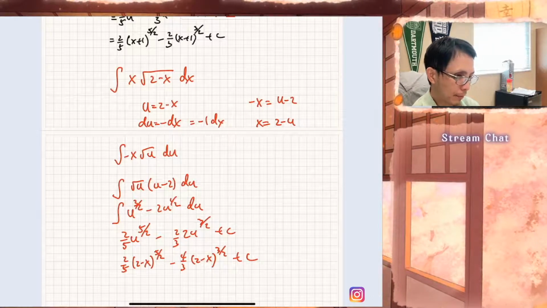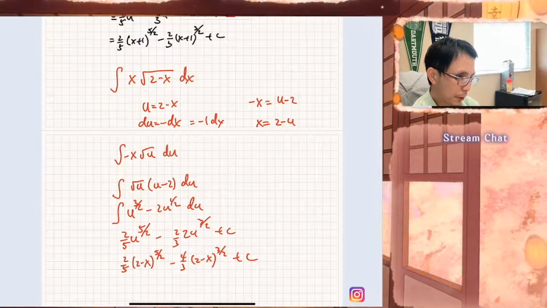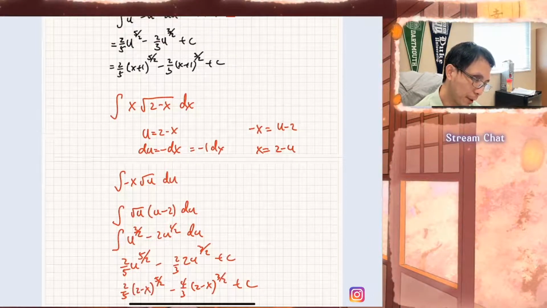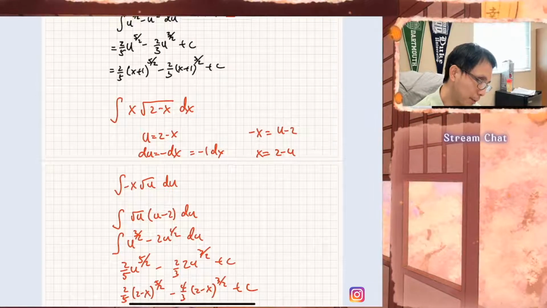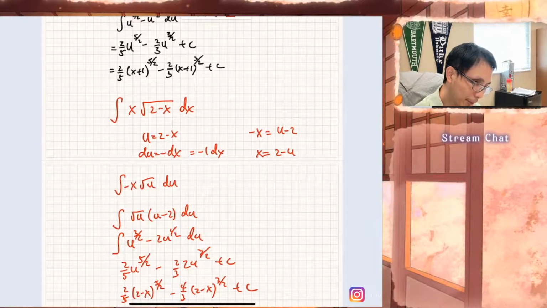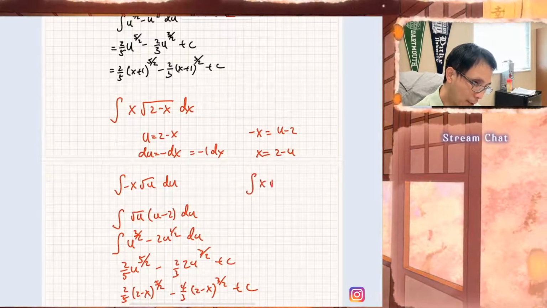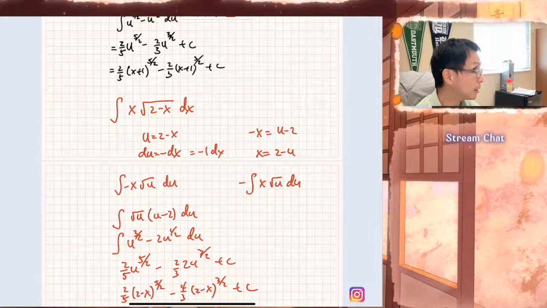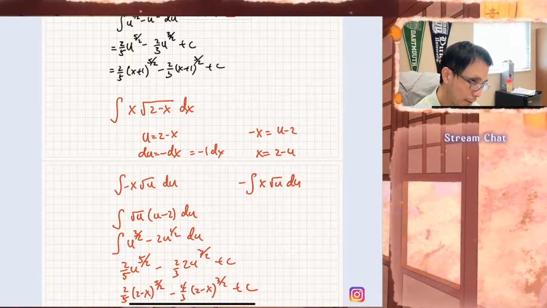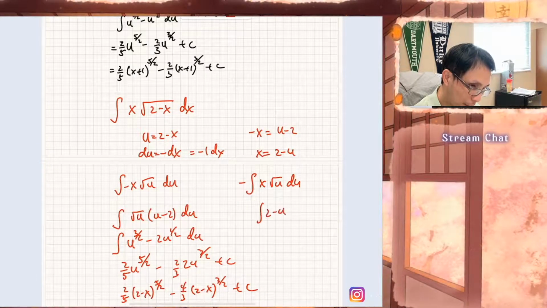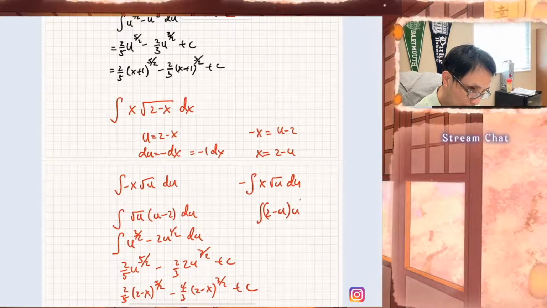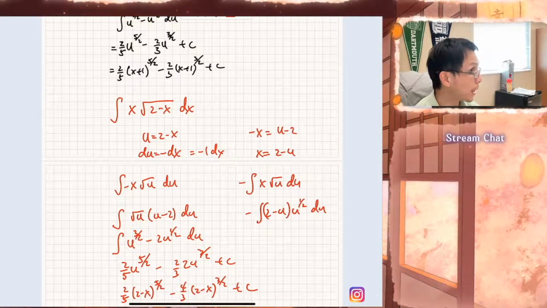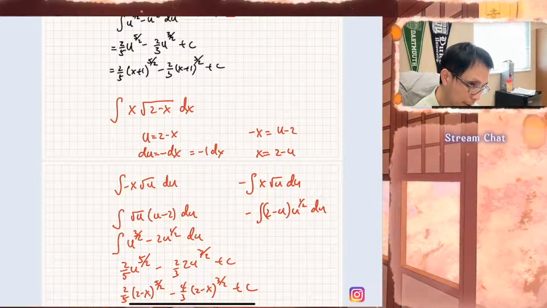What you can do is, let me try the other way to make less confusion for you, because some people are asking about the negative x part. So if we have x square root u du, can I put a negative sign out? Right. So this one's going to be 2 minus u times u to the 1/2 du, right? But the negative sign can distribute back in, or I can distribute later.